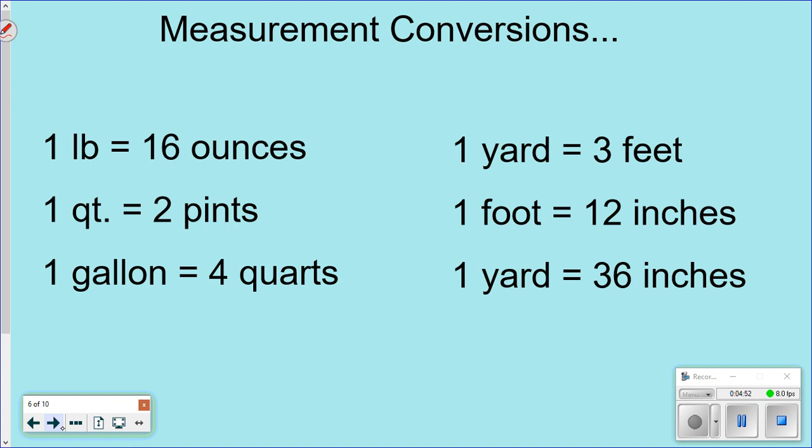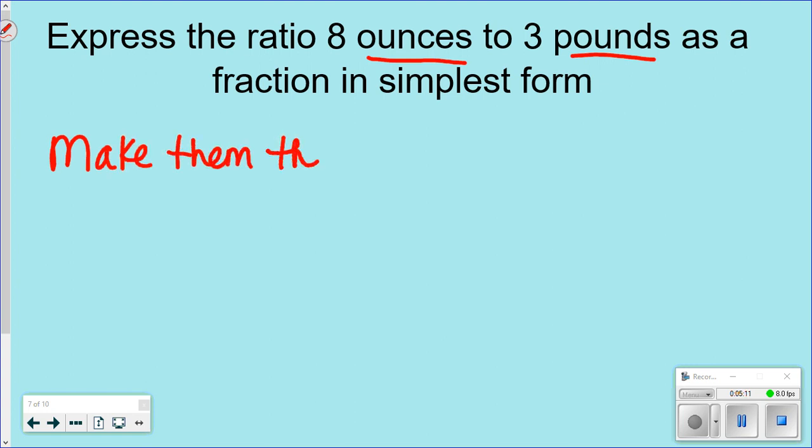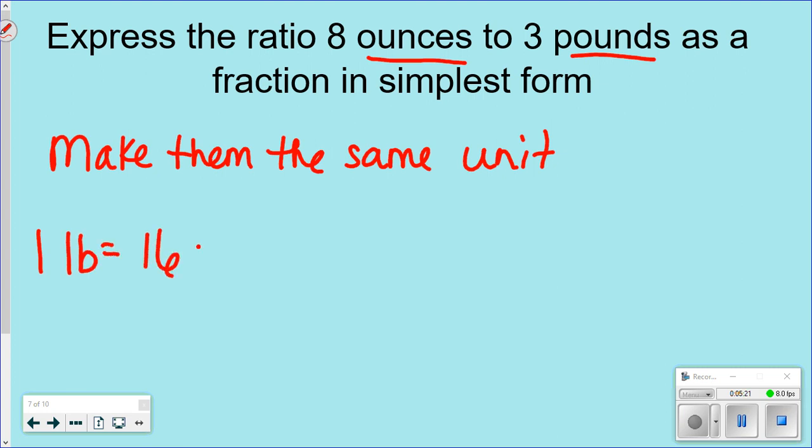Okay. So this is: express the ratio of 8 ounces to 3 pounds as a fraction in simplest form. Now, when you have units of measure, so we have ounces and pounds, we have to make the same unit. Okay, so if I look back on that page, I know that 1 pound is 16 ounces.